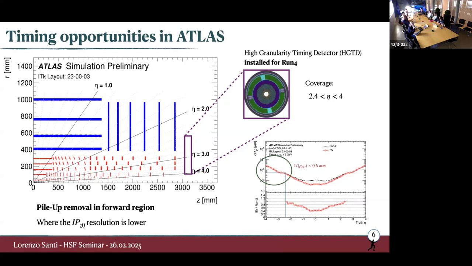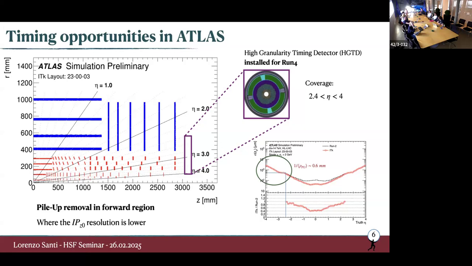So honestly, I have trouble understanding how a timing resolution of that order can improve the tracking resolution, which is by definition much better than the spatial resolution provided by timing.